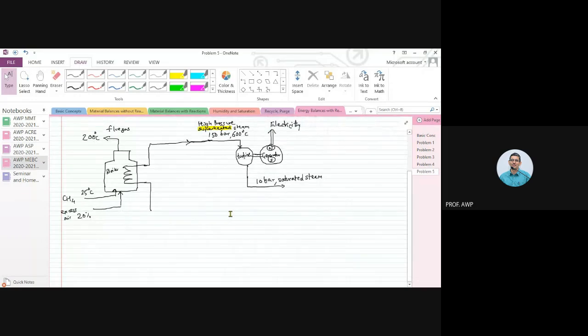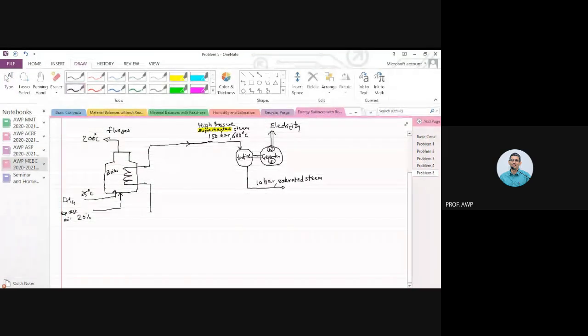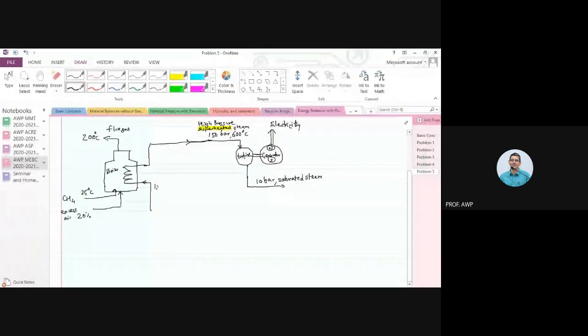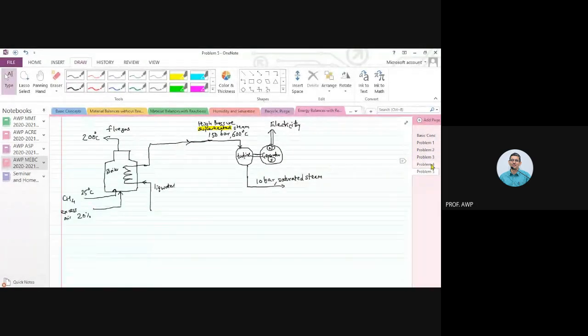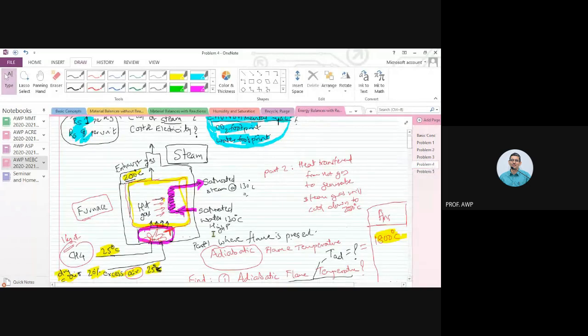Okay, so what do we supply to this furnace in the coil? We supply liquid water. Do you remember that? Same as last time. Do you recall this problem? Yes, sir.